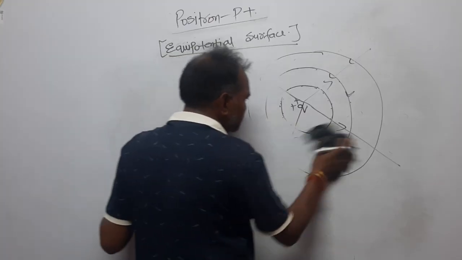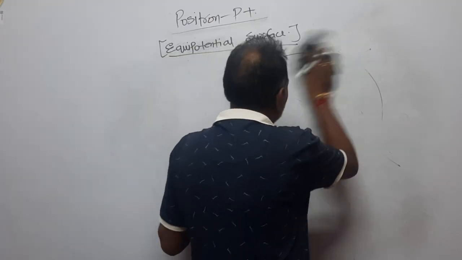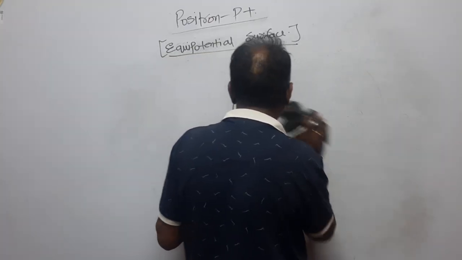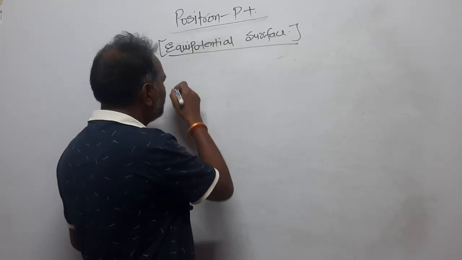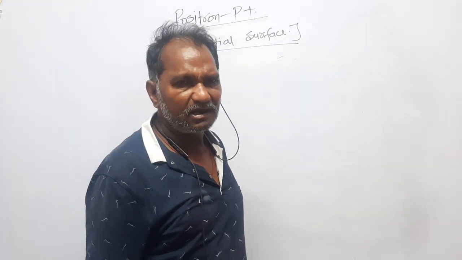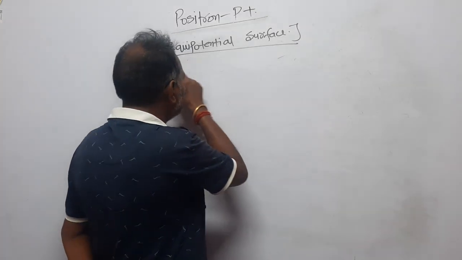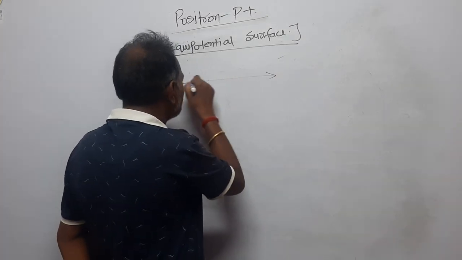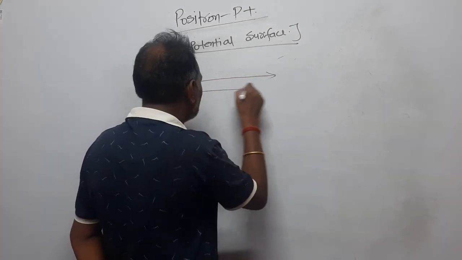Let's talk about different equipotential surfaces. Let the field lines be coming from too far, in this way.